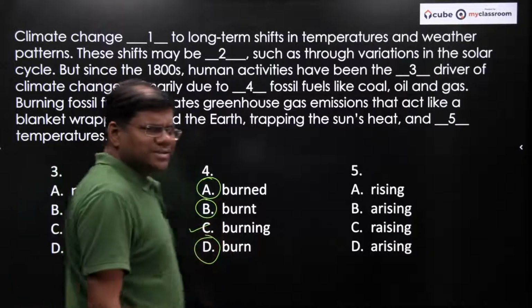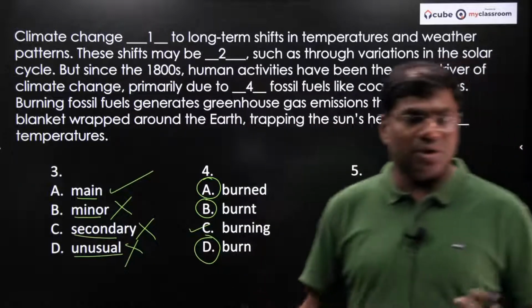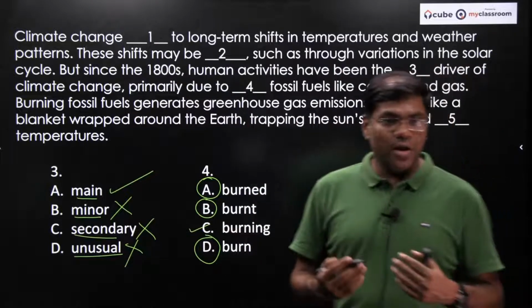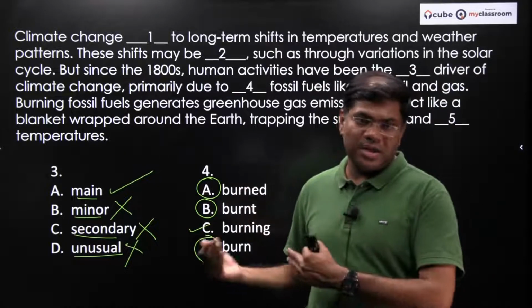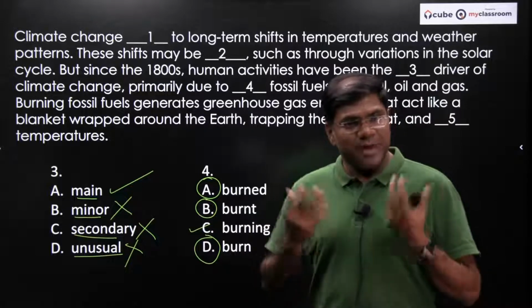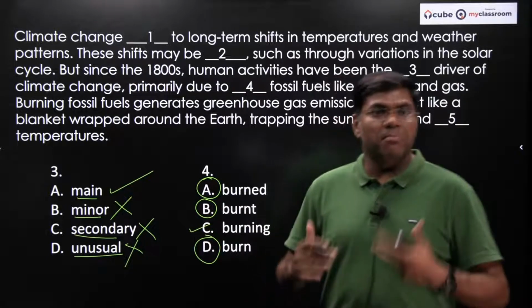Now you might realize that this is just a typical grammatical structure question. This has nothing to do with logic. Because of burning fossil fuels, we have so much carbon dioxide in the atmosphere. So burning is an activity which is happening, and therefore it is burning fossil fuels rather than burned fossil fuels.